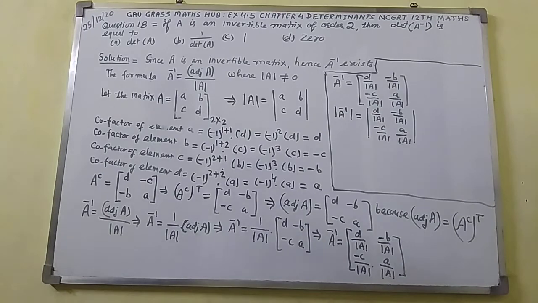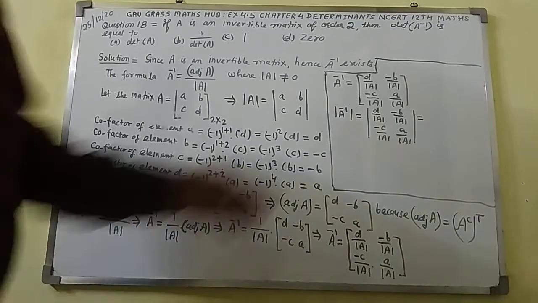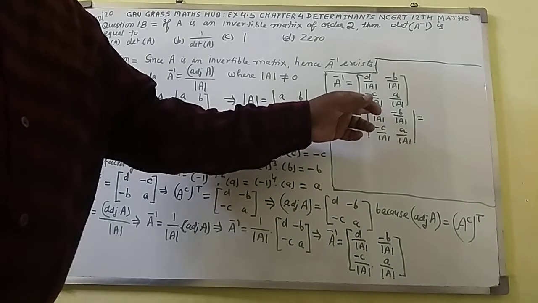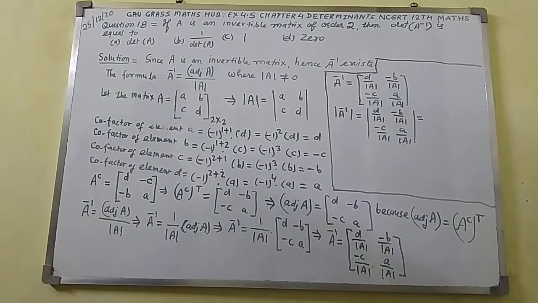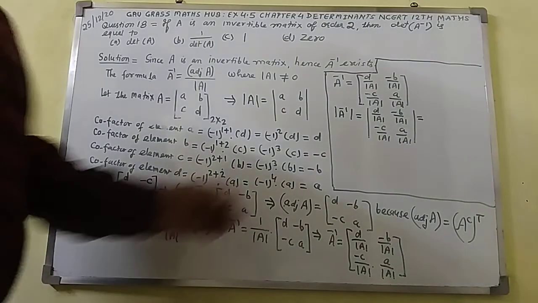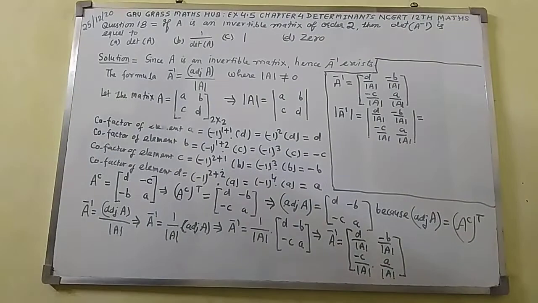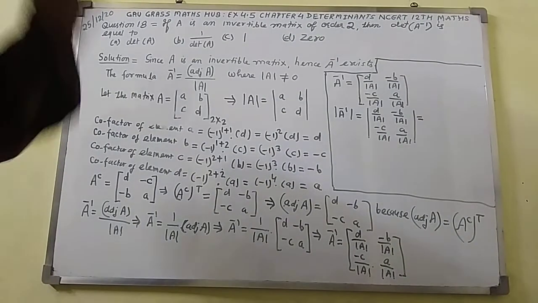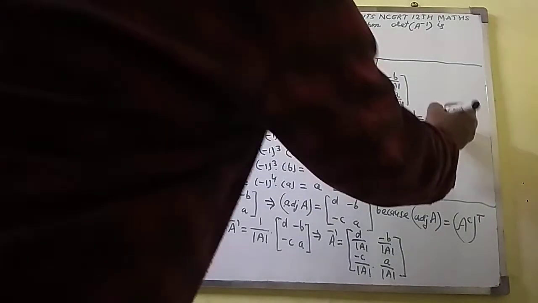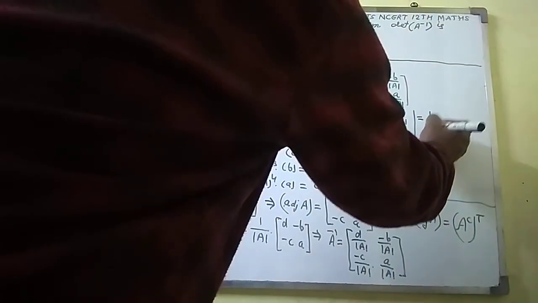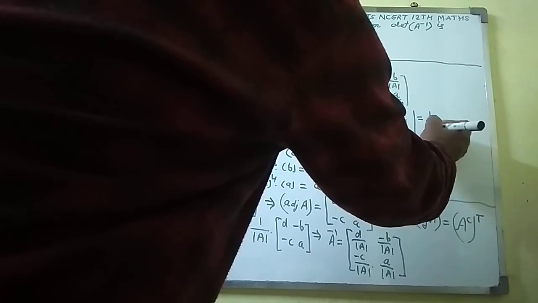What to do next? Next I shall do here equal to, here you can see in the first row d over det A, minus b over det A. From the first row I shall get easily common 1 over det A. So for first row I shall get common 1 over det A.